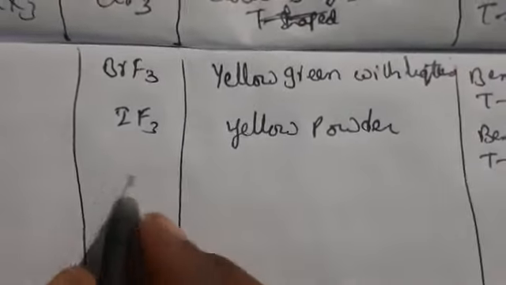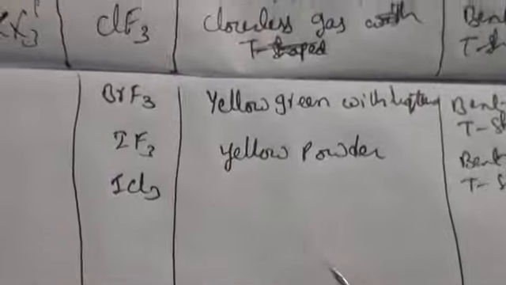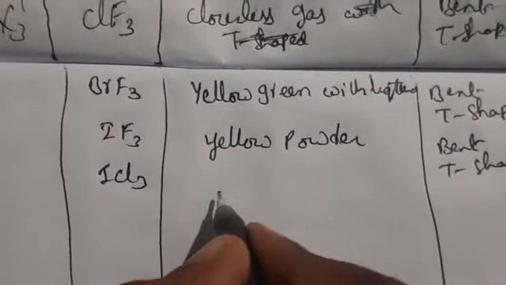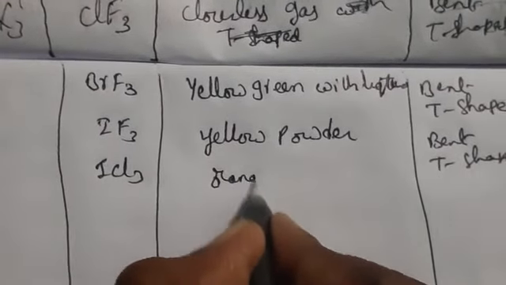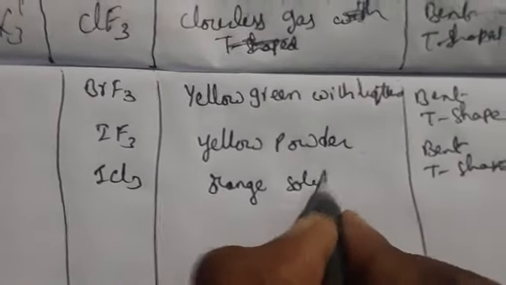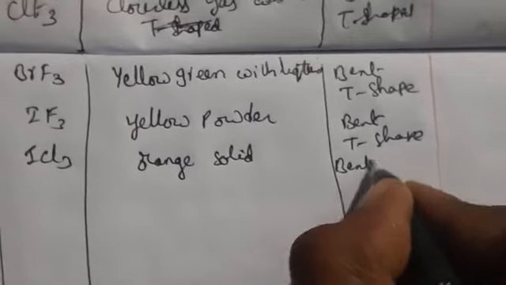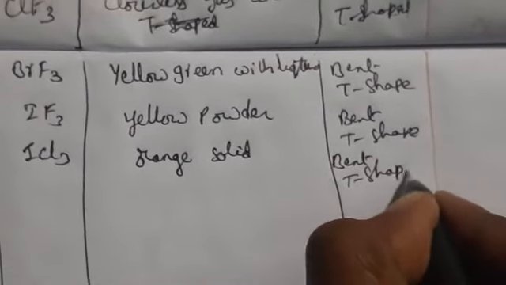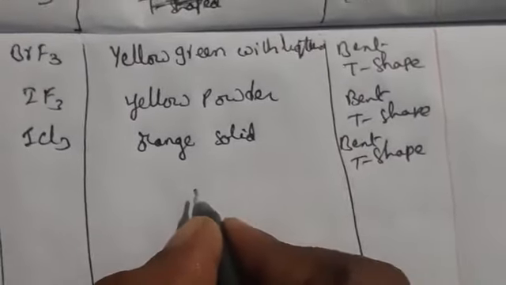If you take ICl3, this is an orange solid. It also has a bent T shape structure.